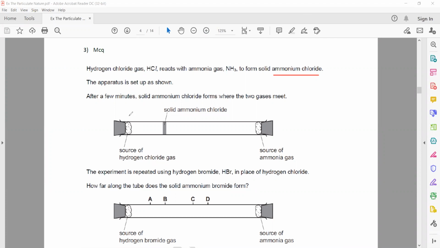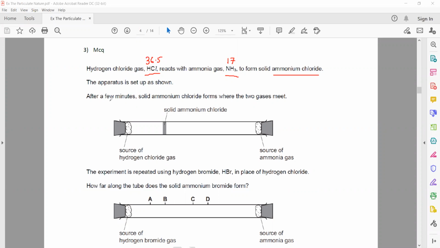So what is the mass of hydrogen chloride? Hydrogen is 1 and chlorine is 35.5. I'm providing the mass; in the exam, you will have the periodic table so you can work out the mass, but right now it is 36.5. And for ammonia, nitrogen is 14 and hydrogen is 1 multiplied by 3, that's equal to 17.